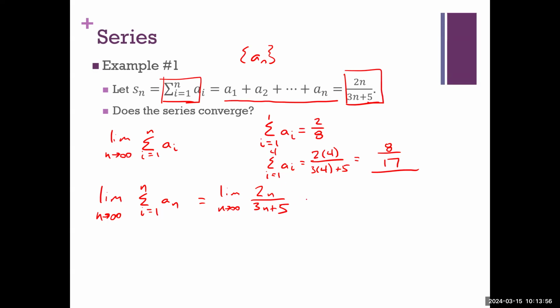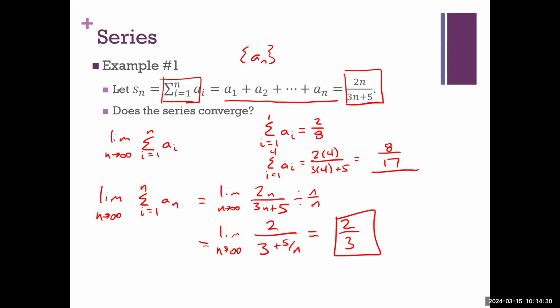It could converge to 2/3, because one thing we've done in the past section is, if I divide this by n over n, or multiply by 1 over n over 1 over n, then I can rewrite this as 2 over 3 plus 5 over n. 2 and 3 are constant, but what happens to the 5 over n as n gets big? It goes to 0, so this converges to 2/3.